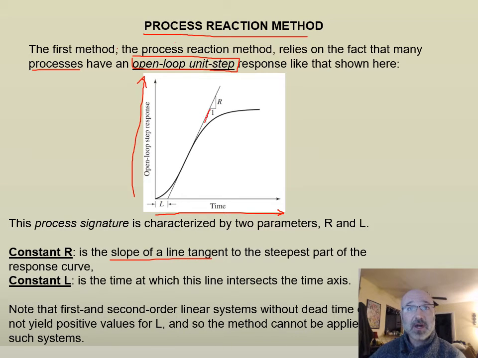So we can see that right here. There's our slope of the line to the steepest part of the curve, and there is our R value. And then our constant L is going to be the time at which this line intersects the time axis. So we can follow this line straight down and see that it intersects the axis right there. So this distance L from our origin point is going to be that time that we're interested in, or our constant L.